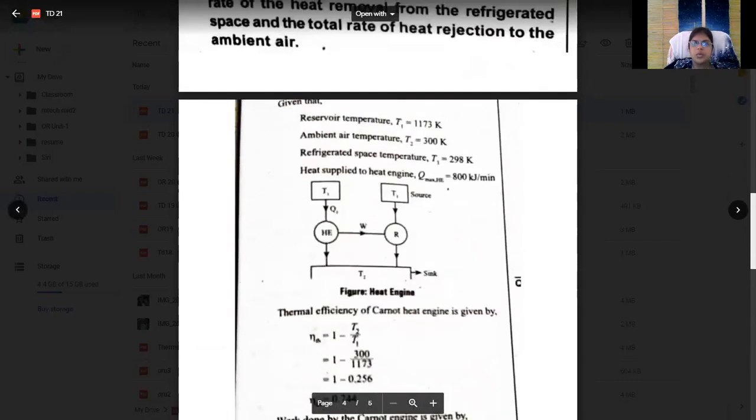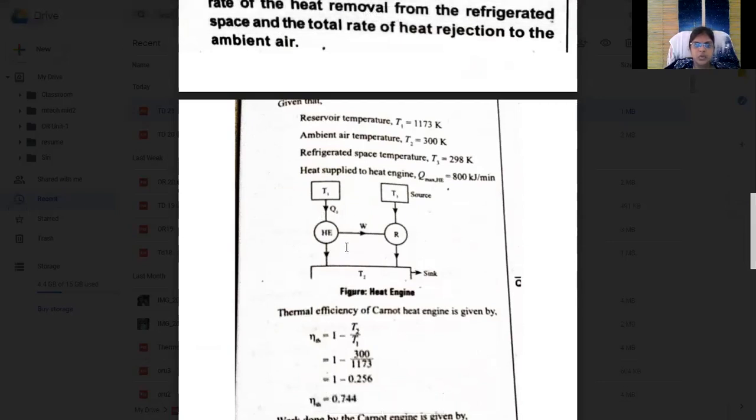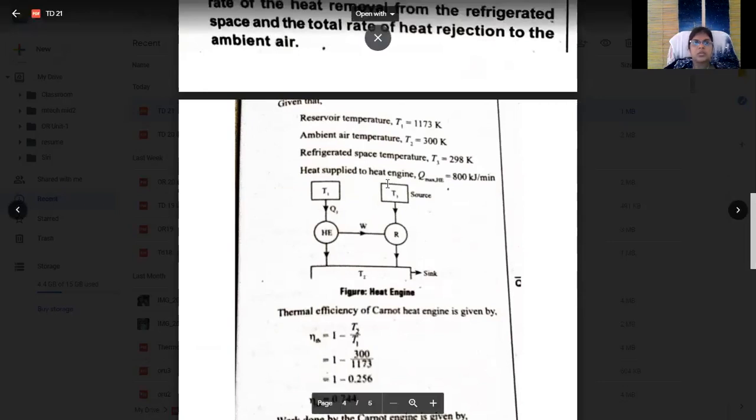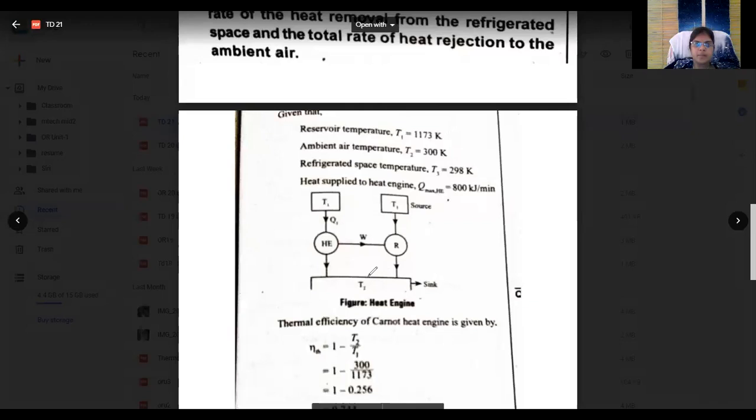Here T1 to T2, here T1 to T2. Actually, both are separate.